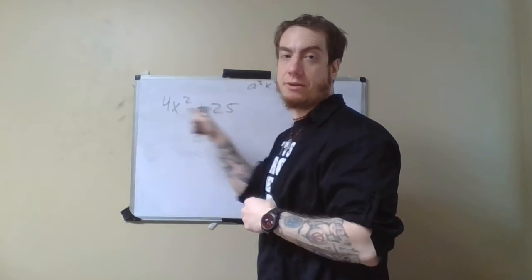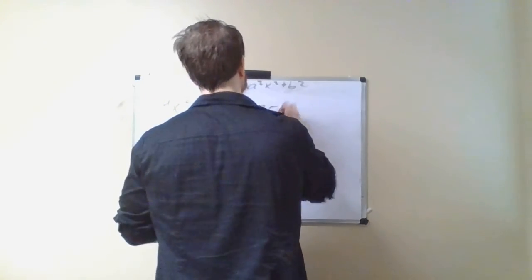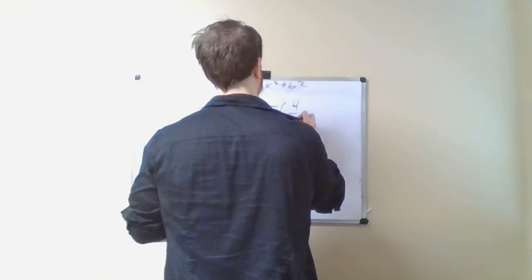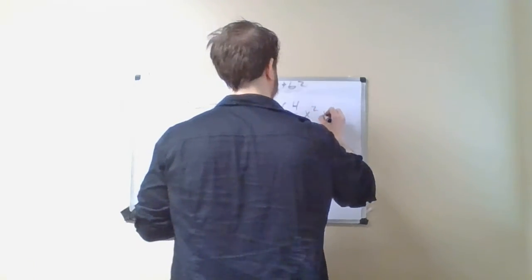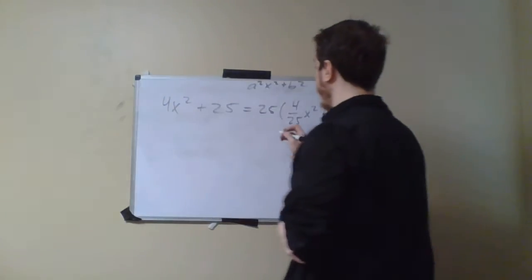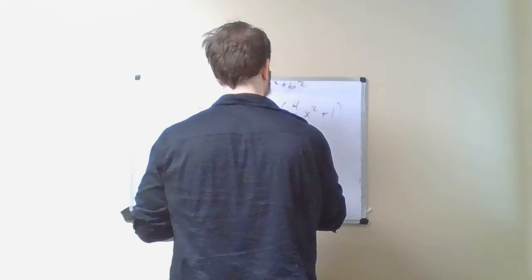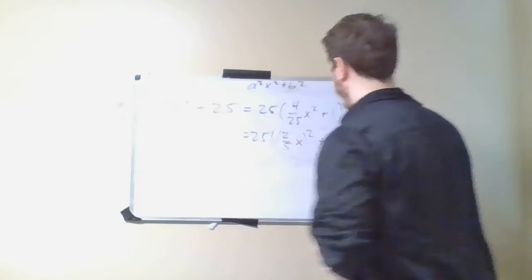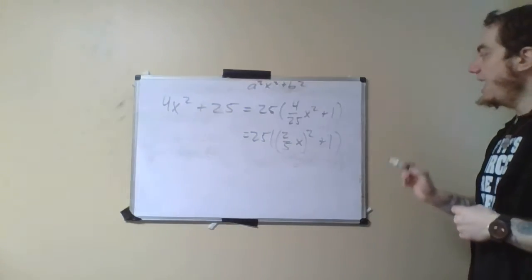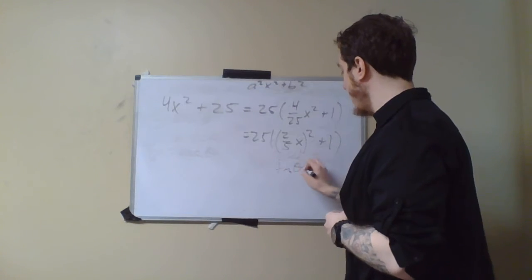So I will need to factor a 25 out of this and rewrite this as 25 times 4 over 25 x squared plus 1. And then I can say this is actually 25 times (2 over 5 x) squared plus 1. And then I can say, so this is going to be my tangent theta.